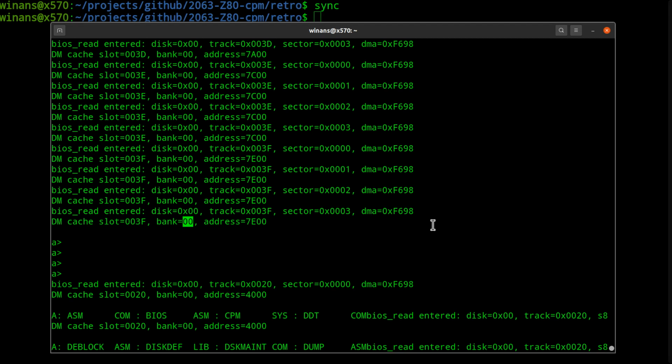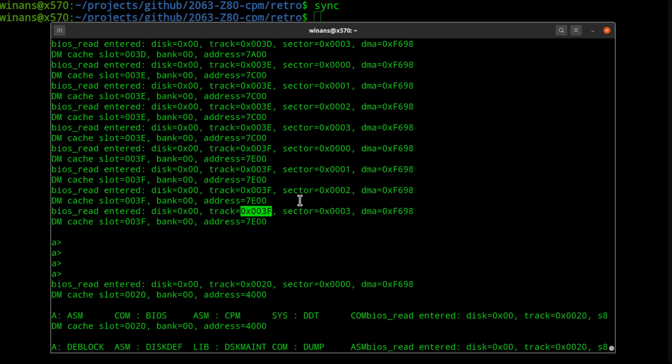So any data that represents the contents of any files anywhere on this disk must therefore be on a track greater than 3F, because you can't put data for files in the directory.